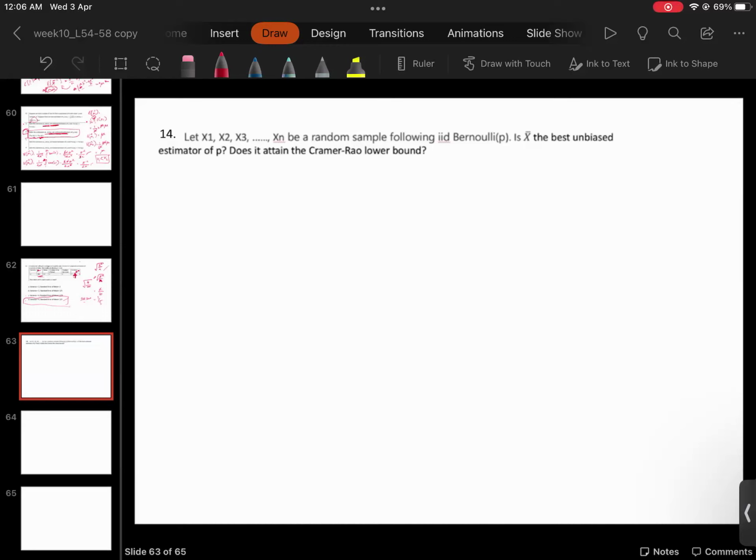So we need to find if this x bar is the best unbiased estimator of P, and does it attain the Cramér-Rao lower bound? So let's first calculate expectation of x bar.